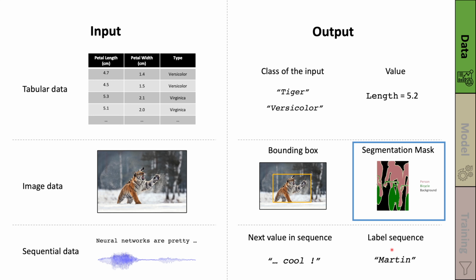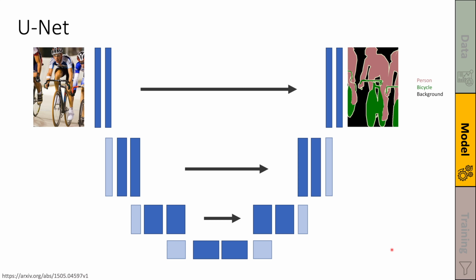Here, for the example of a segmentation mask prediction, we could apply a U-Net. And that is something where we have in the input the same size as on the output side. And to still manage the computation, we have this downsampling in addition to the convolutional layers that gives us basically a bottleneck where we have a smaller representation of the image and then upsample again to get to the size of the output.